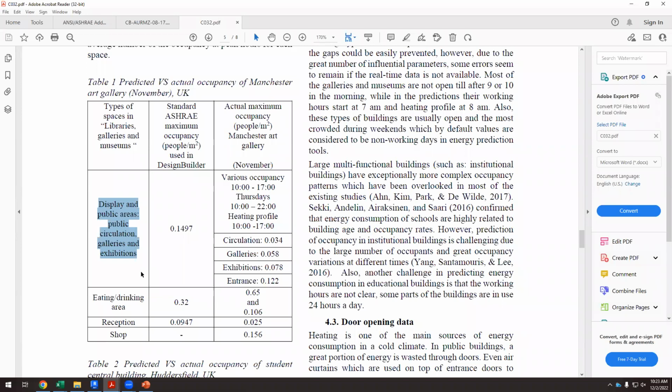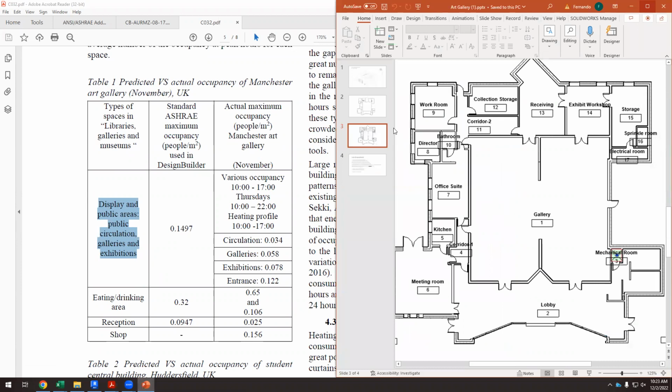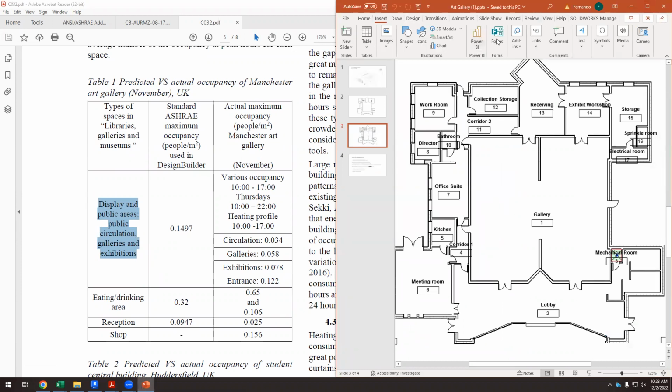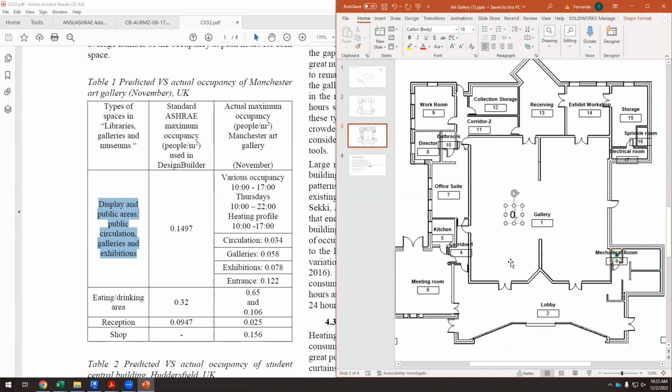0.15 people per square meter. So they suggest that the occupancy in the art gallery, in the lobby, is 0.149, okay, 0.15 people per square meter.